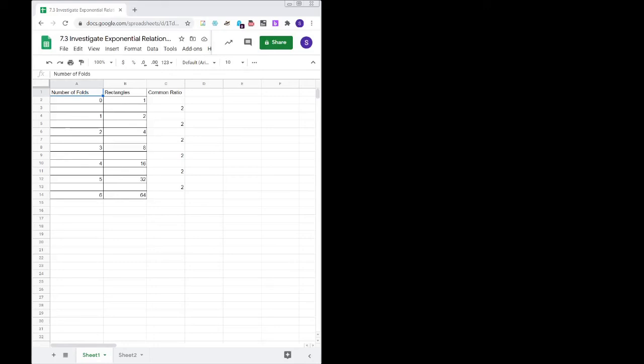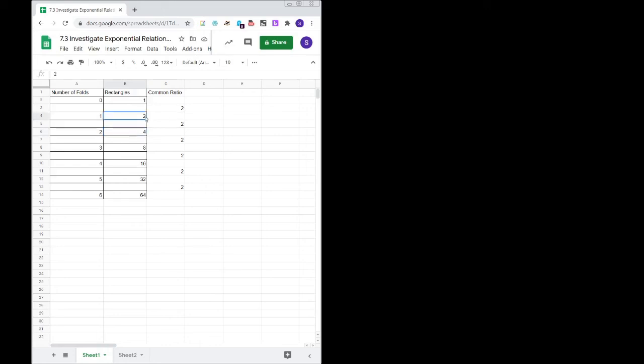So looking at the paper folding investigation, if I calculate the common ratio between pairs of y values in this case, so a 1 went to a 2 went to a 4 went to an 8, it's always going up by a factor of 2. So this is different than a first difference or a second difference. It's a common ratio.